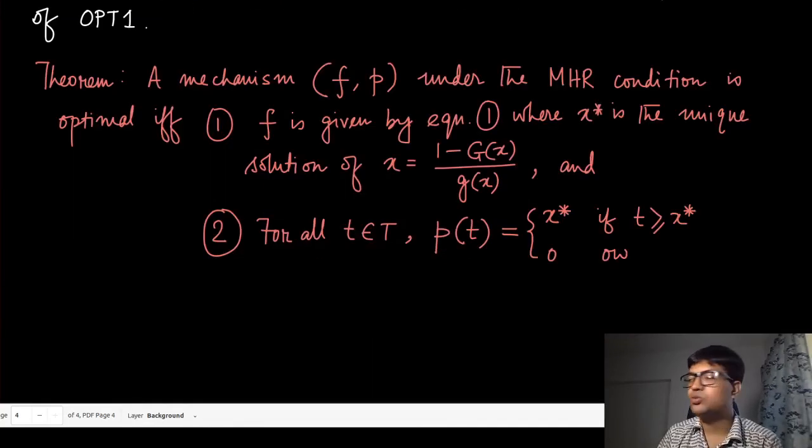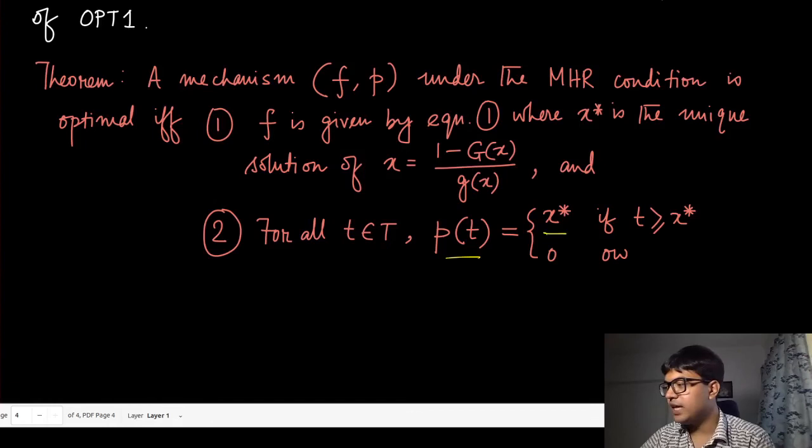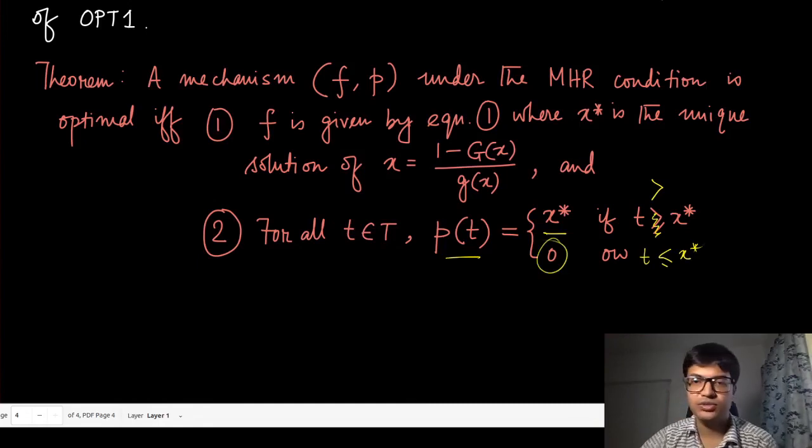And then we can calculate the payment from the standard integral formula, and you will find that this is going to be x star if t is strictly greater than x star. For all the other cases, that is t less than or equal to x star, this is going to be exactly equal to 0.